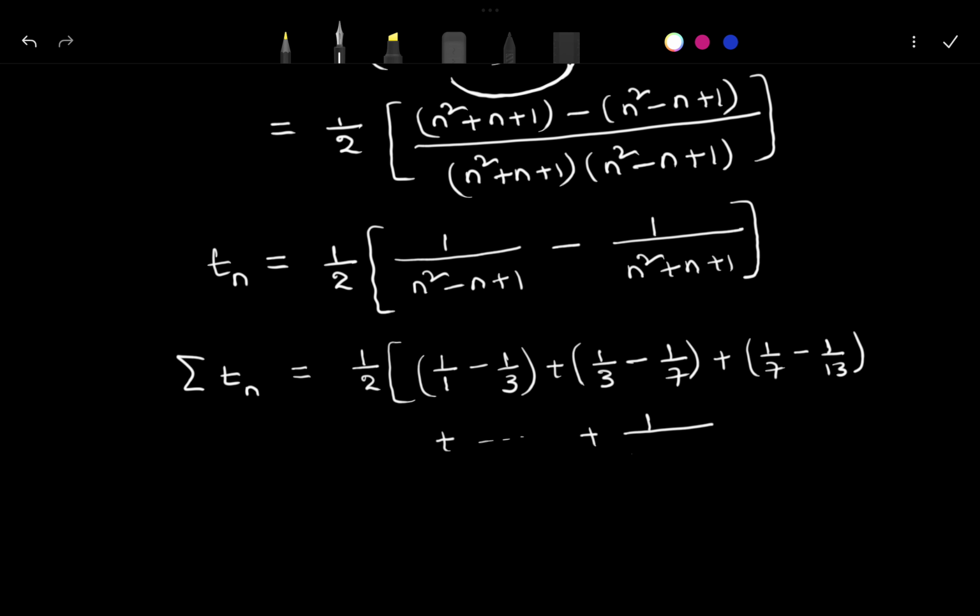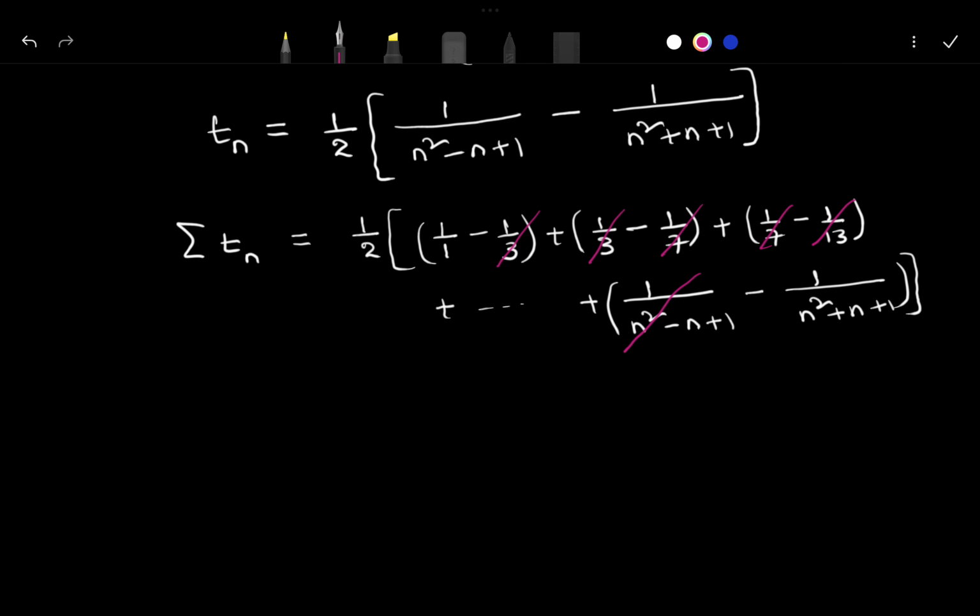That value is 1/(n square minus n plus 1) minus 1/(n square plus n plus 1). So this one is the last term. Now by observing this, minus 1/3 plus 1/3, minus 1/7 plus 1/7, up to these terms it will be cancelled.